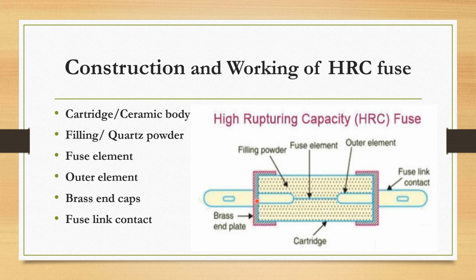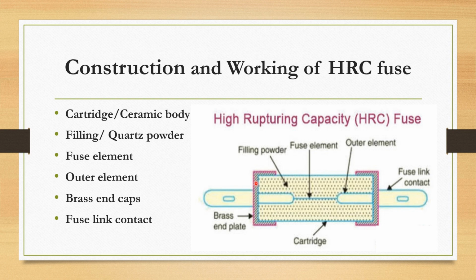The metal caps are screwed to the ceramic body by means of special forged screws to withstand the pressure developed under the short circuit condition. End contacts are welded to the metal end caps.